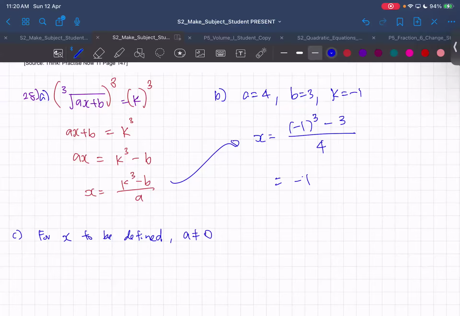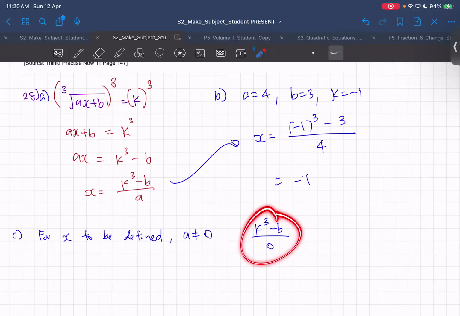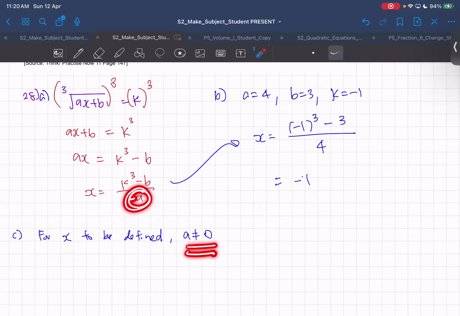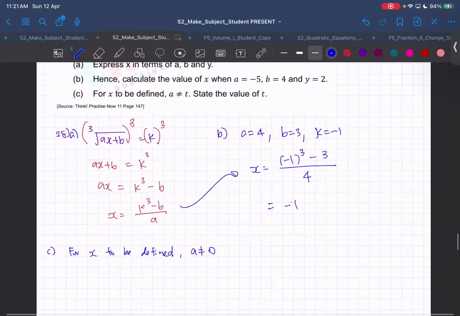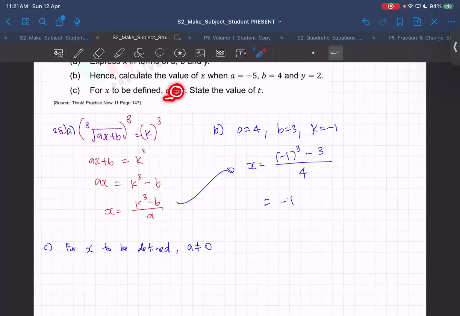My denominator cannot be 0, correct? Otherwise, it will look like this. Don't write this down, this is wrong. Can this exist? No, right? If over 0, it's an error message. So the denominator here cannot be 0, undefined. So that's why my A over here, my denominator, cannot be 0. So you follow the question. A cannot be what?